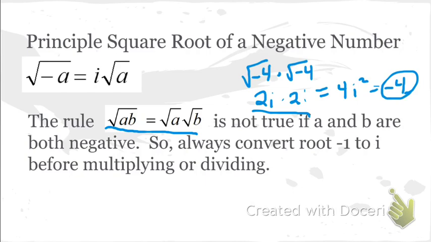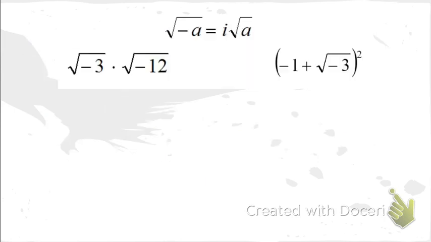So let's look at 2 examples. So we have root 3. Well, actually, looking back at that previous example, when we had root -4 times root -4, the point I was trying to make was that you don't want to just multiply the negative 4's together and get a 16 and then take the square root of that and get positive 4.